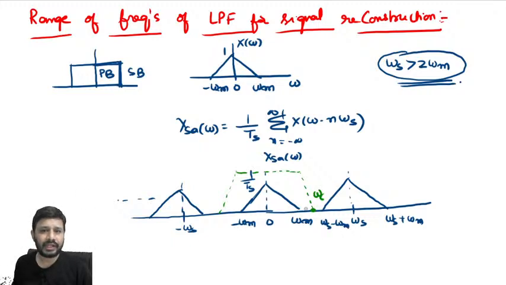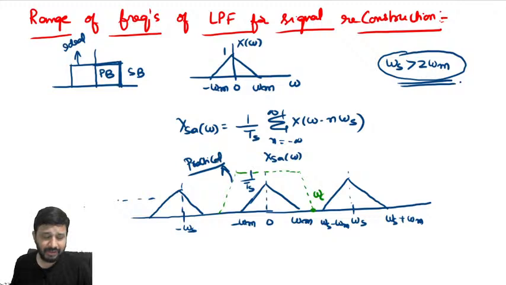of the low pass filter must lie between, see, this is the practical filter, this is the ideal filter. The ideal filter has sudden transitions, but the practical filter will not; it will have gradual transitions from pass band to stop band. So where must the cutoff frequency of the low pass filter lie? What is the range?